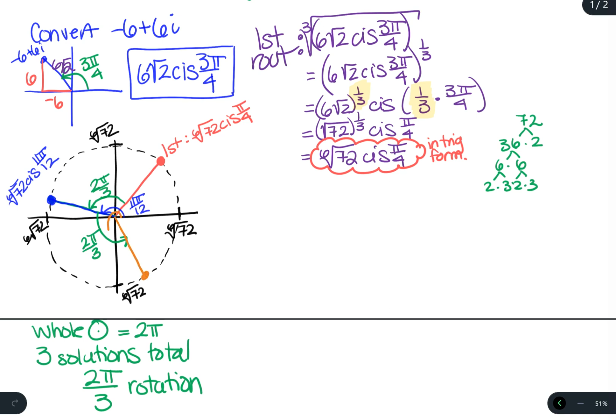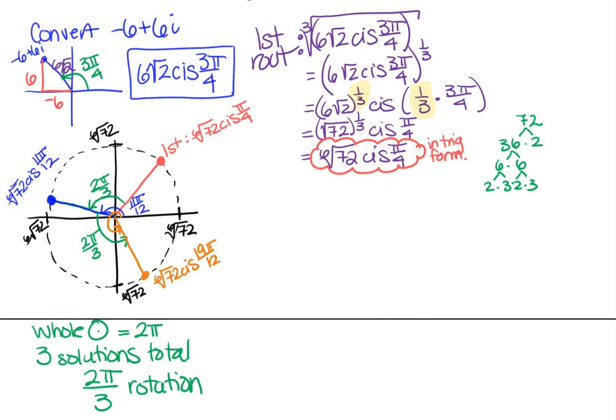And that angle from beginning to end then would be 19 pi over 12. So we have the 6th root of 72, cis 19 pi over 12. All right, so we actually have our 3 answers right there on the screen. They're shown on the graph, and we found them using the symmetry.